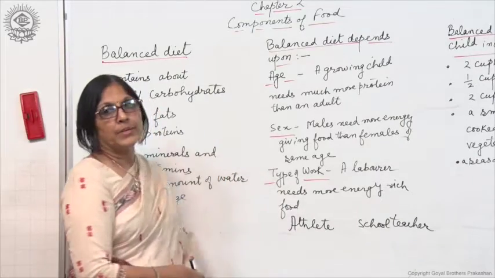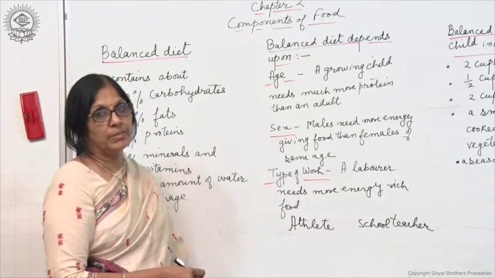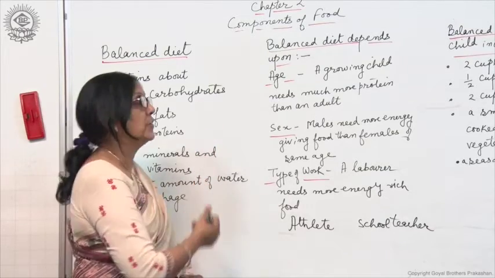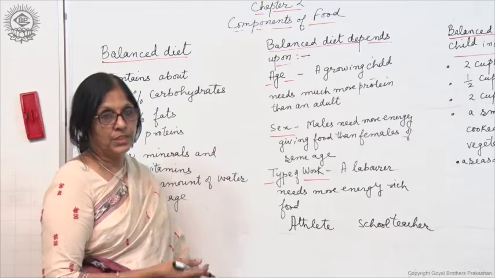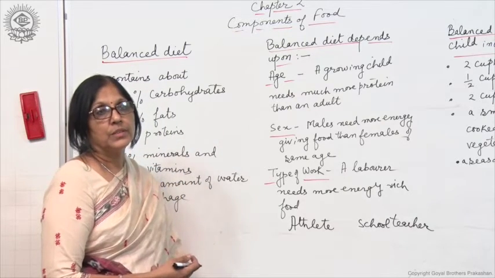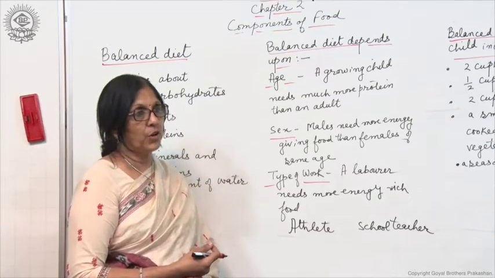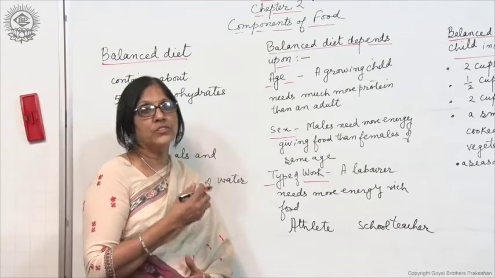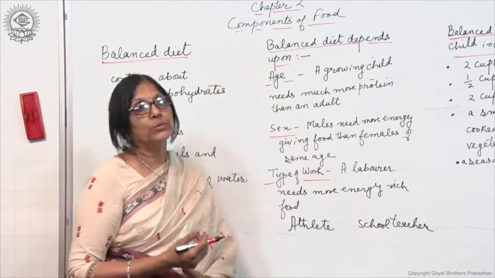Now a balanced diet depends upon certain factors. Let us see what are those factors on which the balanced diet depends. It is first of all age. A growing child like you needs more energy, needs more proteins, because yours is a growing age, and for growing, proteins are needed more as compared to the adults.